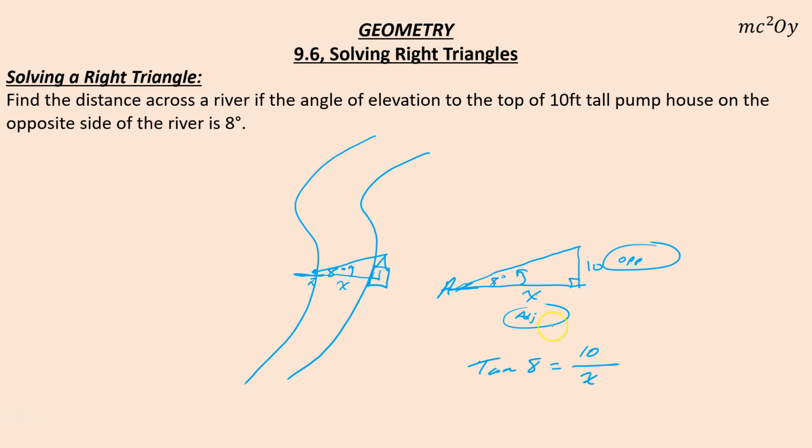If you want to call it A, you could put A there. I don't want the 8 to mess you up, but we're dealing with this angle. Okay? And so when I multiply this, I get X tan 8 equals 10 to get rid of the fraction first, and then we have to move that tan 8 over by dividing. So X is equal to 10 over tan 8. And 10 over tan 8 ends up giving me 71.2 feet. So my picture is obviously not to scale there.